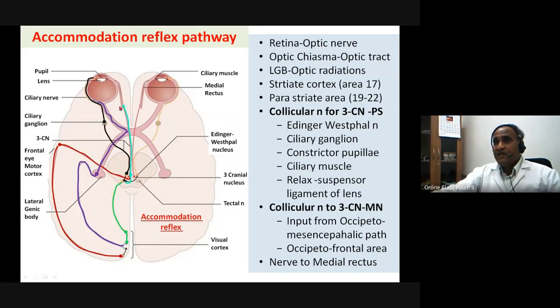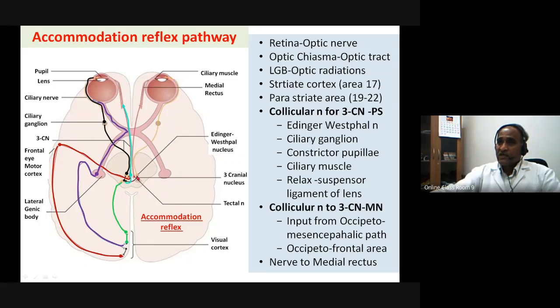Here it is the medial rectus, because convergence is by the medial rectus. The medial rectus contracts and pulls the eyes inward simultaneously, so both sides are converging. So from the tectal nucleus, it goes to the third cranial nerve nucleus.